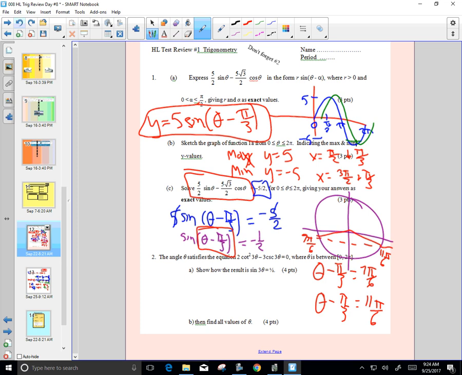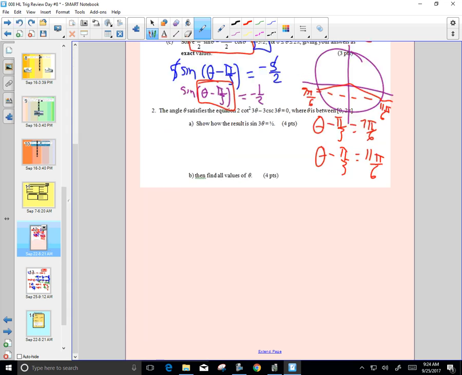I will. All right. So this is just going to be theta is equal to 7 pi over 6 plus 2 pi over 6. And then this one is going to be 11 pi over 6 plus 2 pi over 6. This guy is 9 pi over 6 or 3 pi over 2.